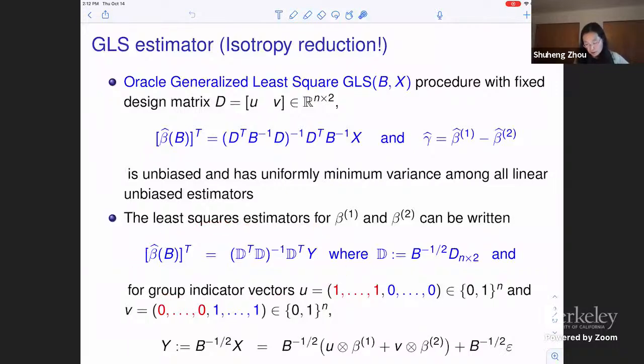The bold D represents this B^(-1/2) D, and Y is the transformed data matrix as given here. And the beta hat, if I write in the transformed design and transformed response, is just the ordinary least squares estimator. And if you put in the bold D with the expression here, you get the expression for the generalized least squares estimate for each gene.